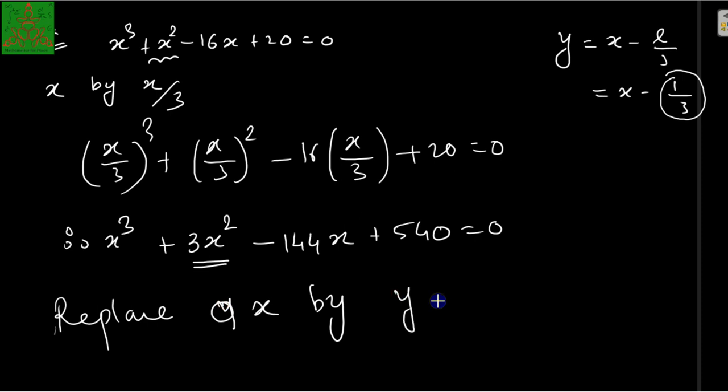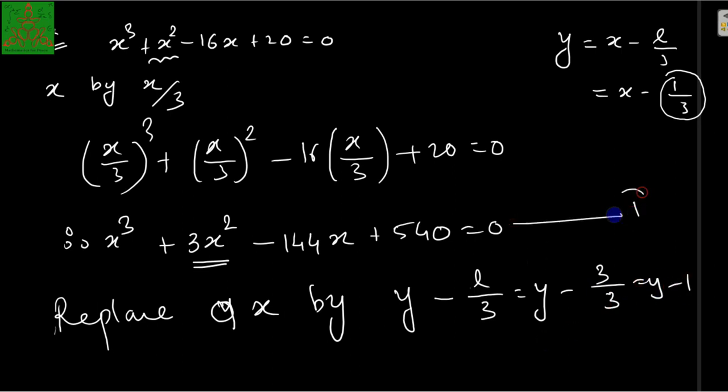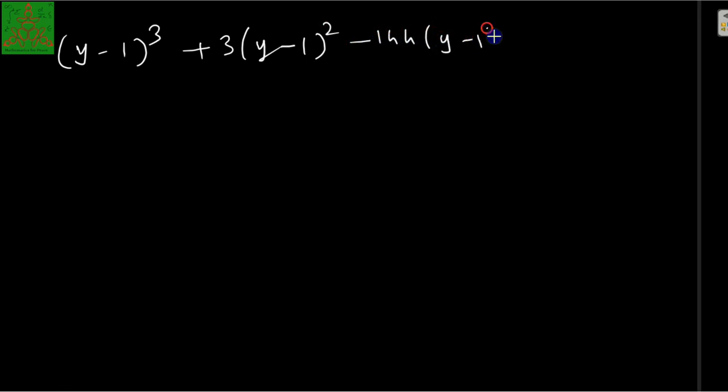y minus L by 3, which is y minus 3 by 3, which is y minus 1, in equation 1. If I replace this, we have y minus 1 whole cube plus 3 times y minus 1 square minus 144 times y minus 1 plus 540 equal to 0.